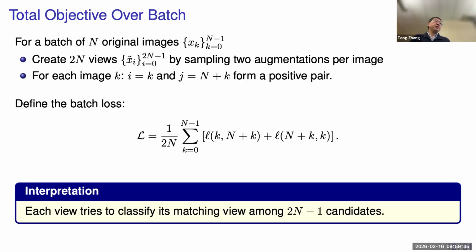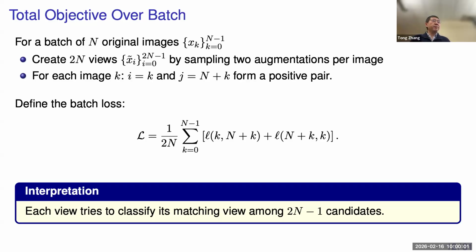Then you think of it as a classification problem: I want to pick the one closest to my matching image, using the cosine angle as my classification score. So that similarity should be as large as possible, and all the other similarities should be as small as possible, close to 0.